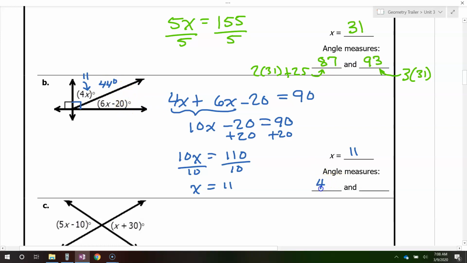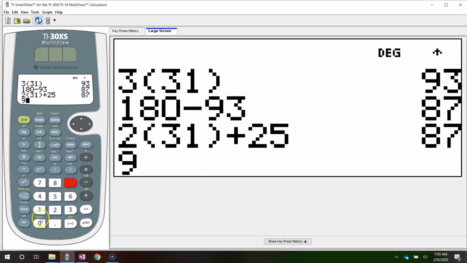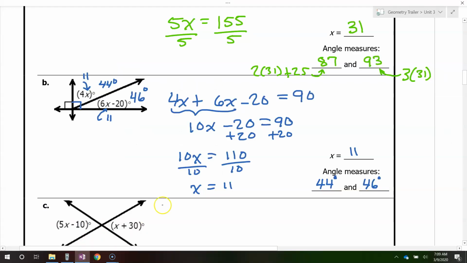So one angle is 44 degrees, and they have to add up to 90. So this angle over here has to be 46 degrees. Or I could have substituted 11 in right here if I wanted to. But clearly 90 minus 44 is 46.